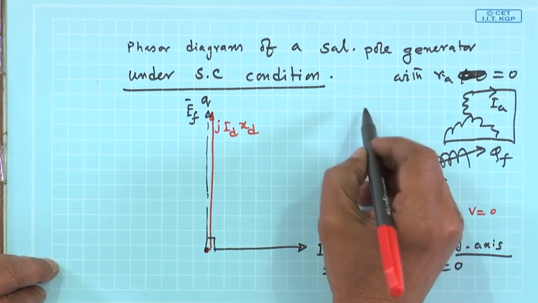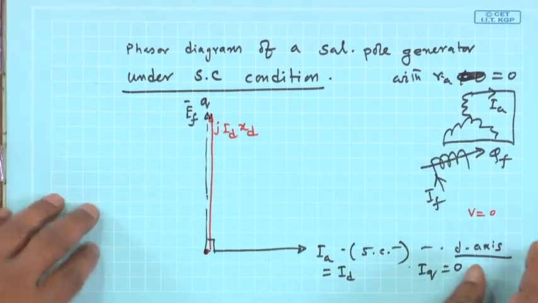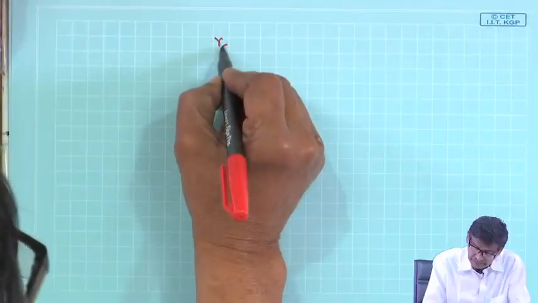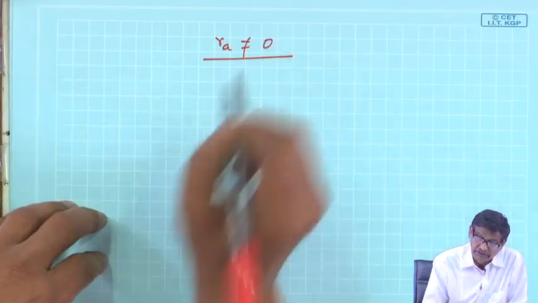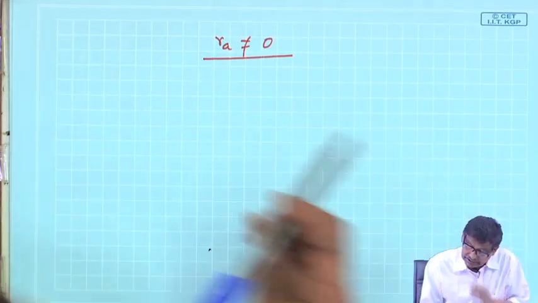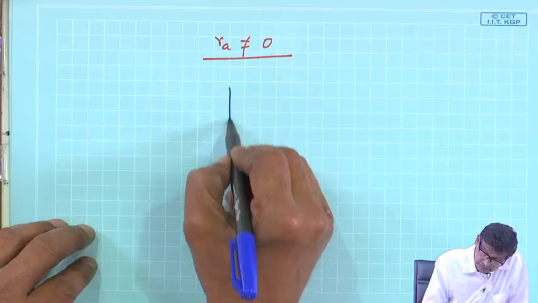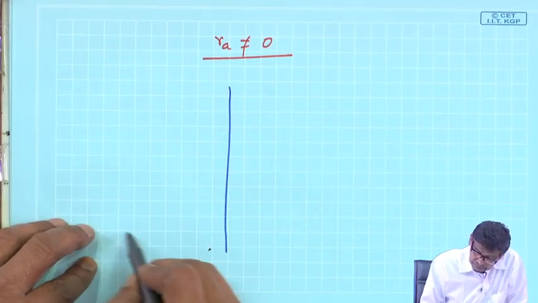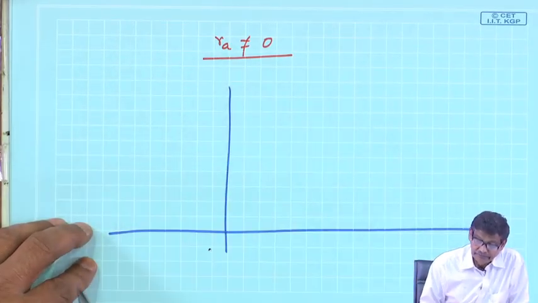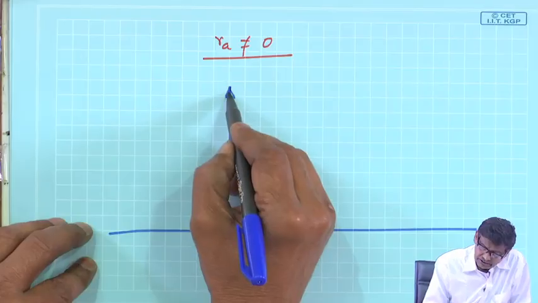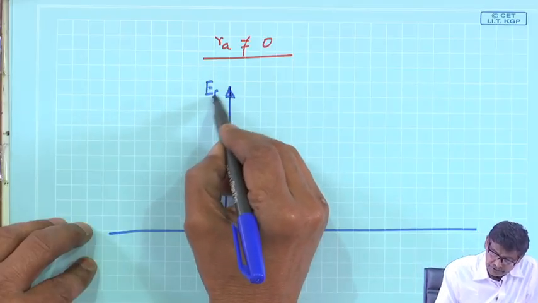But if R A is not equal to 0, then how will it be? We are confident, now we can draw. If R A is not equal to 0, then I will draw like this. I will draw the q axis, and suppose this is the E f that I have drawn.